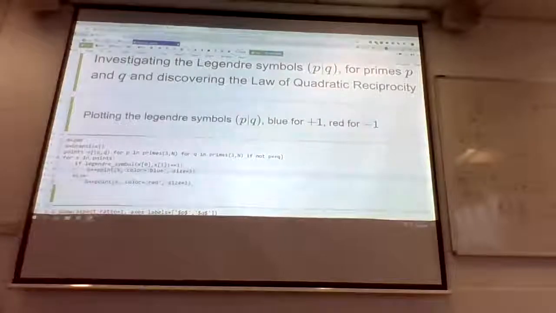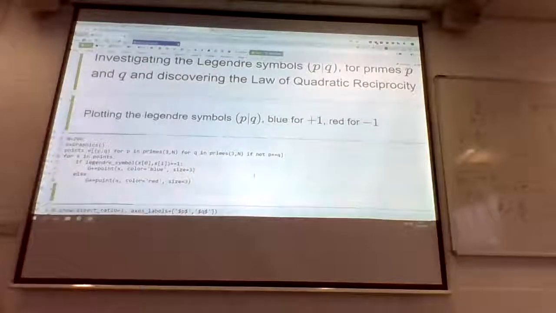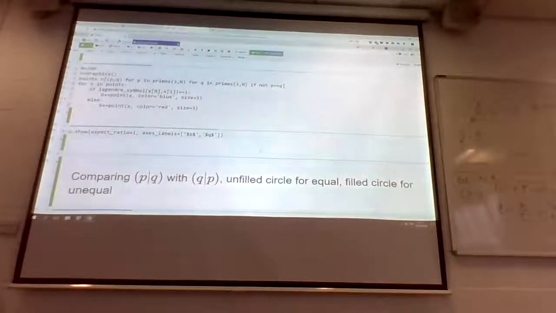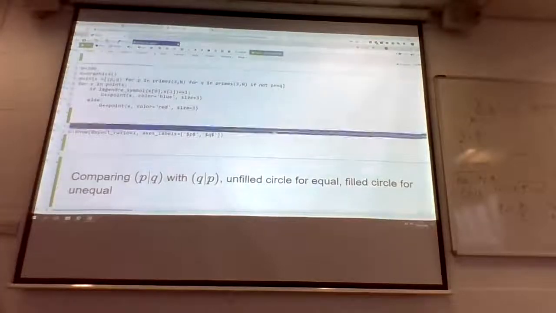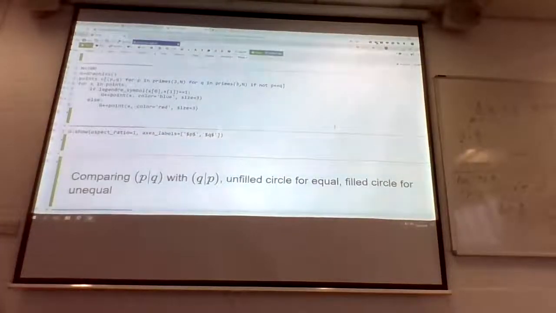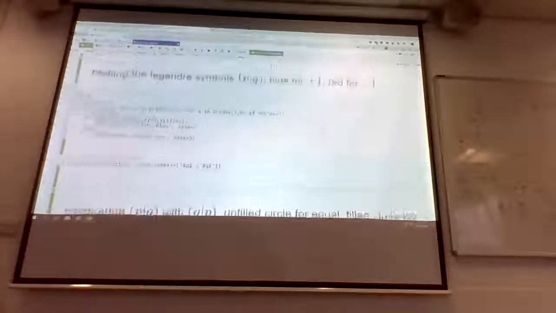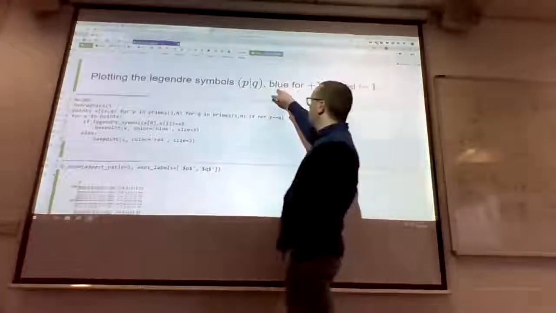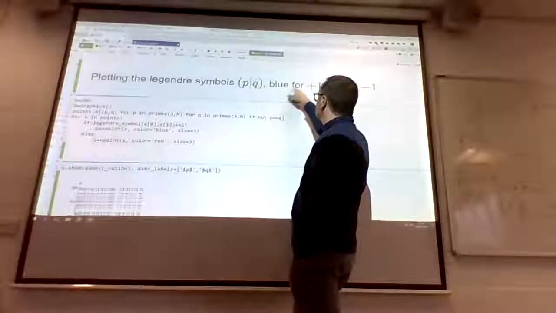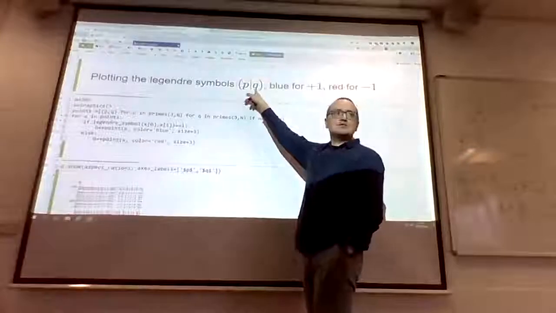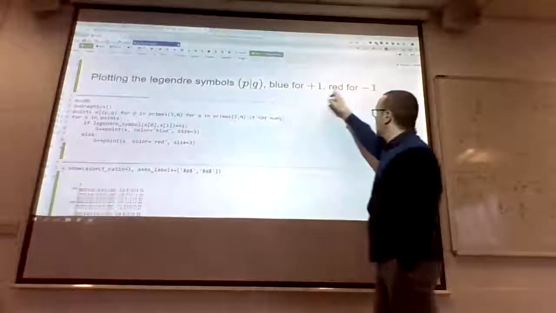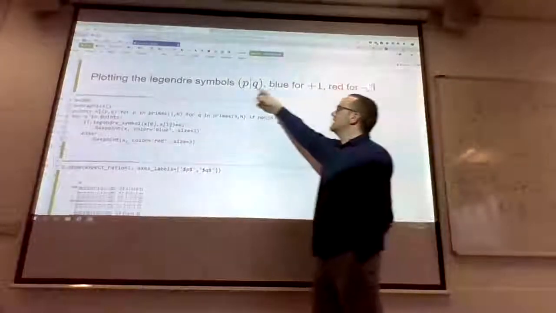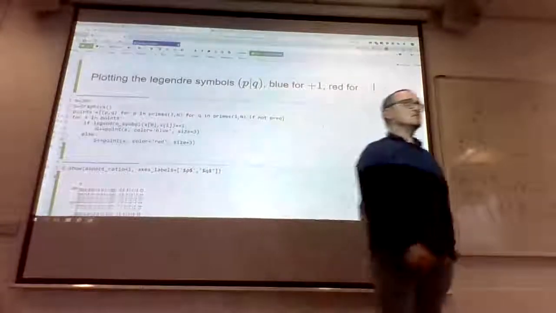Then I just plot all these points, and what we'll get is a grid of colored points. The blue point at coordinates PQ says that P is a quadratic residue mod Q. A red point means P is not a quadratic residue modulo Q.